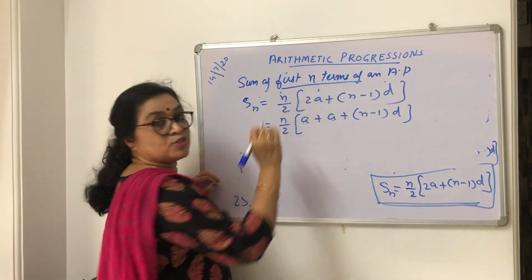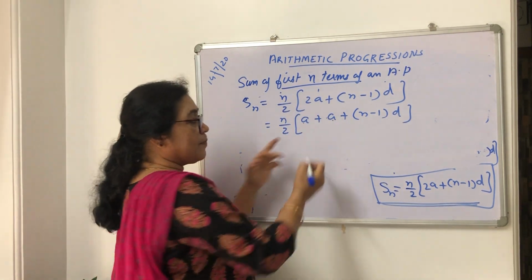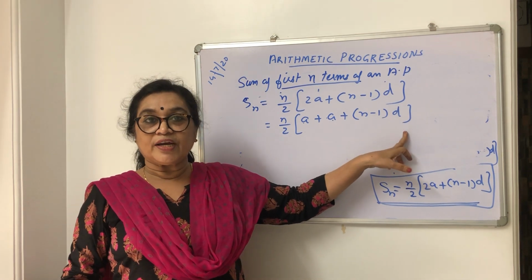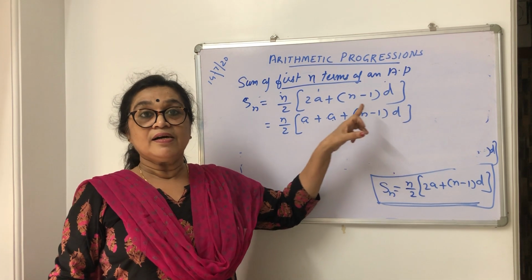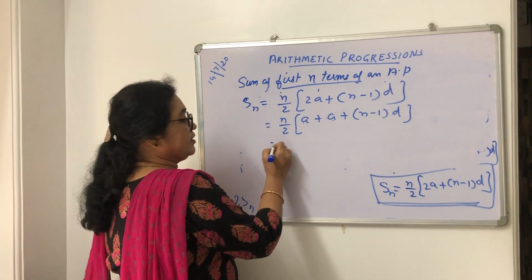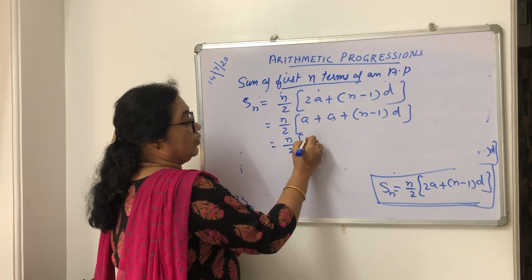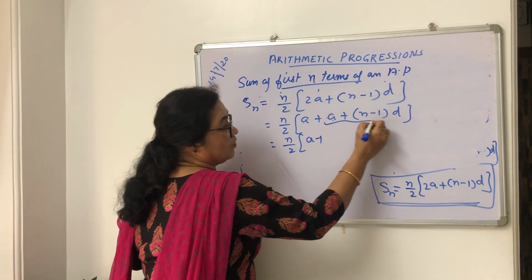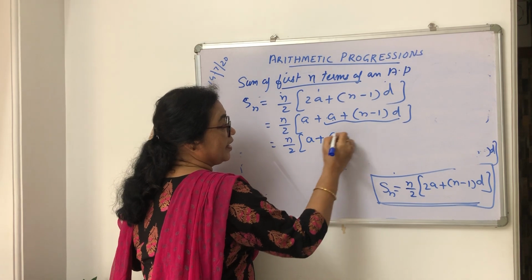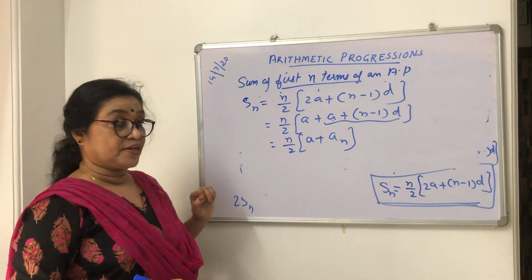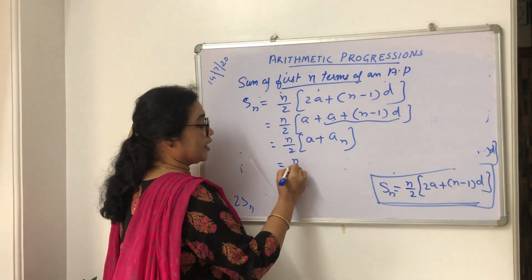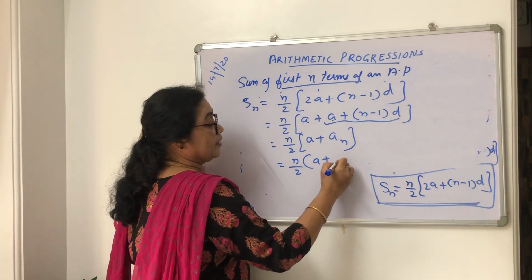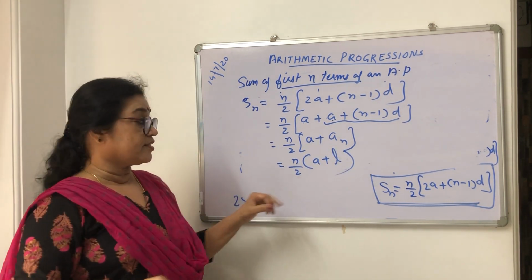This a plus a is 2a. This one, a plus n minus 1 into d, you can replace with an. So it is n by 2 into (a plus an). An is the last term. Therefore you can write n by 2 into (a plus an), where an is the last term.